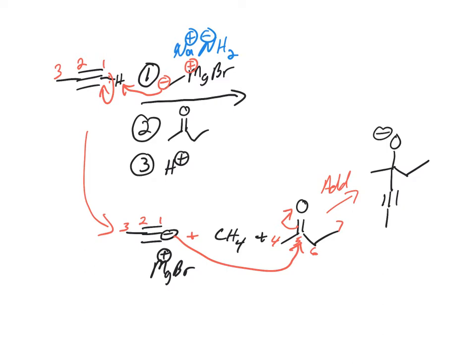Is carbon stable with a negative charge? No. Is hydrogen stable with a negative charge? No. Would oxygen be? Yeah, oxygen would be better. Cl, chlorine? Yeah, those are better leaving groups. Nitrogen, that's pretty reactive, probably not nitrogen. So we don't have any good leaving groups, so now we're done, right? Once we have a tetrahedral intermediate and there are no good leaving groups, we're done with that step.